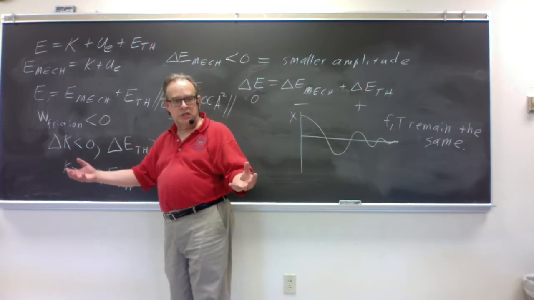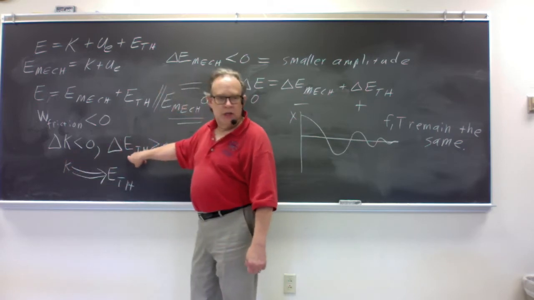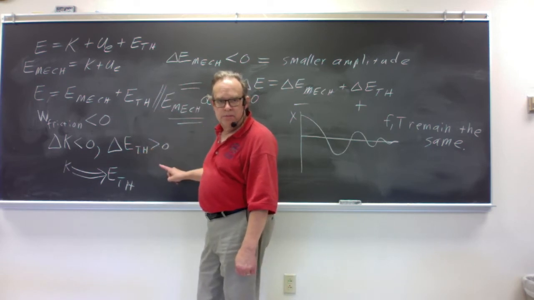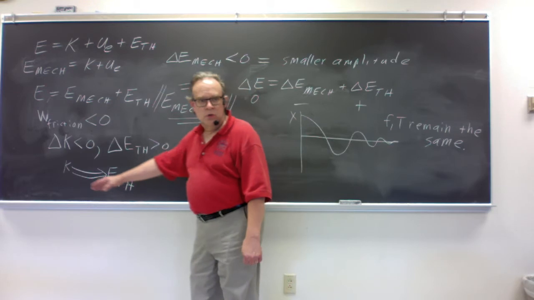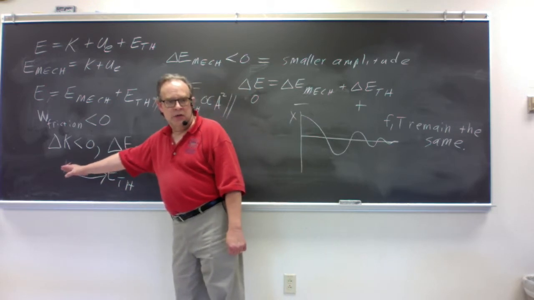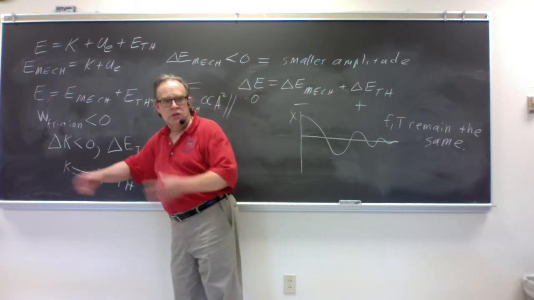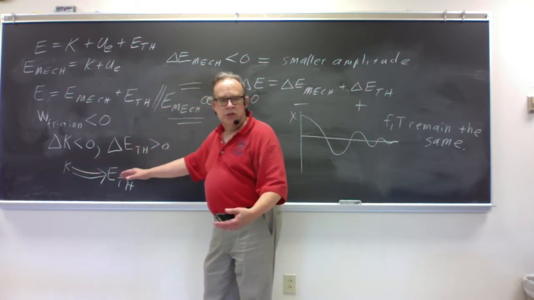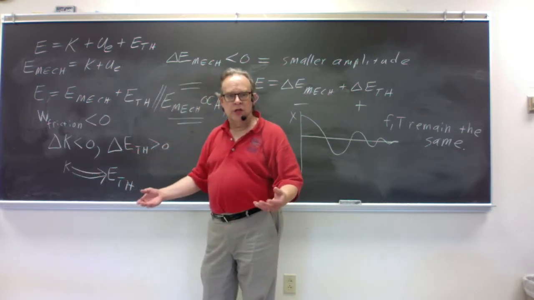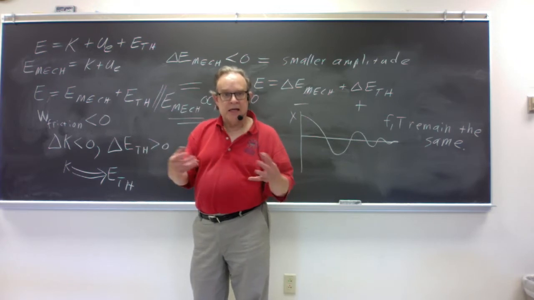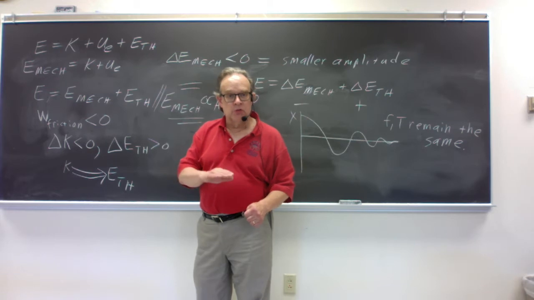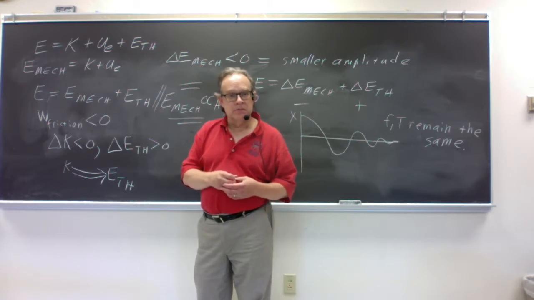It goes somewhere. It goes into an increase in the thermal energy. Some energy of the system gets moved around from the kinetic energy of the mass to the thermal energy of the mass and the surface on which the mass is moving.